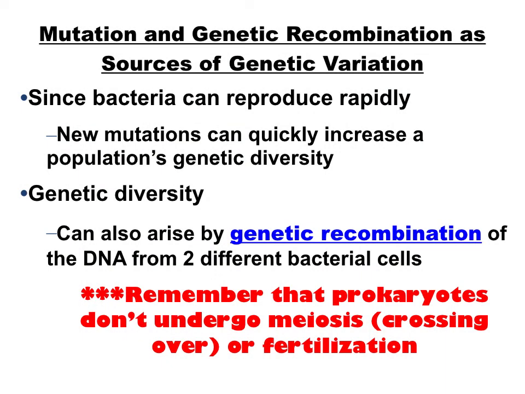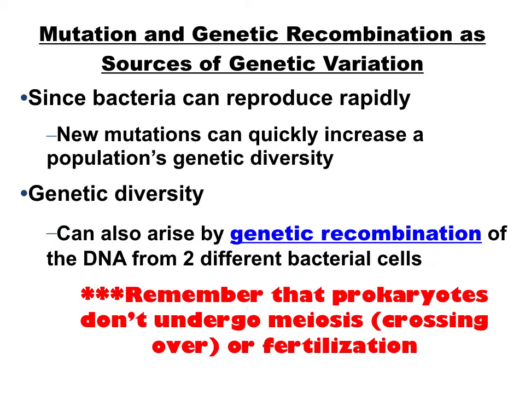Okay, so most of the variation that you find within a bacterial population is going to be due to mutation. Okay, but they are capable of doing genetic recombination as well, right? In humans, eukaryotes like us, we talked about genetic recombination happening because of meiosis and random fertilization.